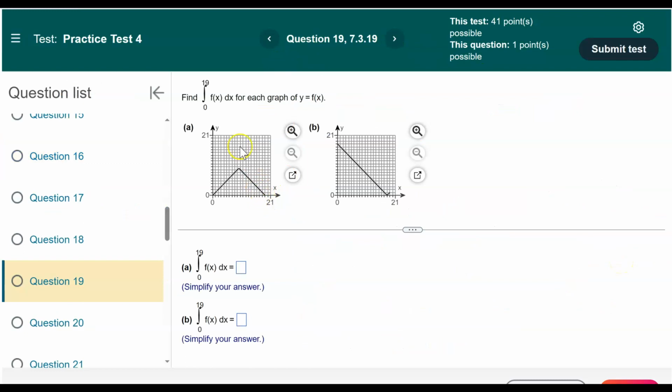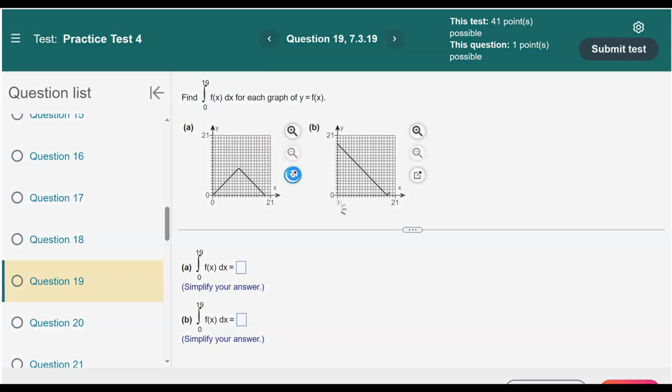Right, for the next number, you are to find the definite integral f of x, start from 0 to 19 for each graph of f of x. Now, for this problem, you have to know that whenever you see some expression here, the definite integral, that is just the area of the region under the curve from 0 to 19.